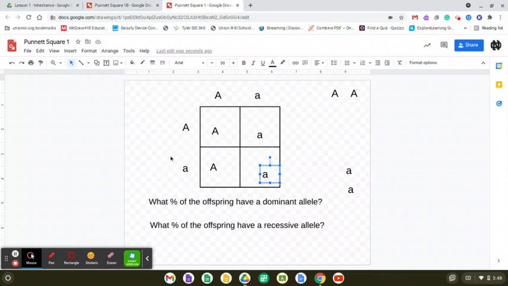And now this parent is going to do the same. So this allele right here, the capital A, goes over, the same way as the last one went down. Just put it right beside there, and then it goes over to this one as well.